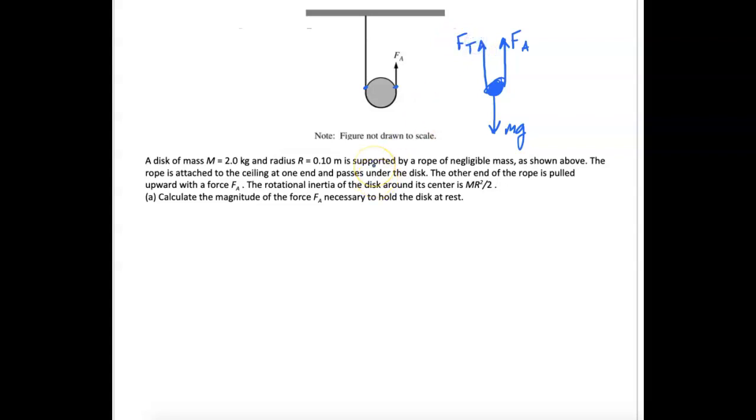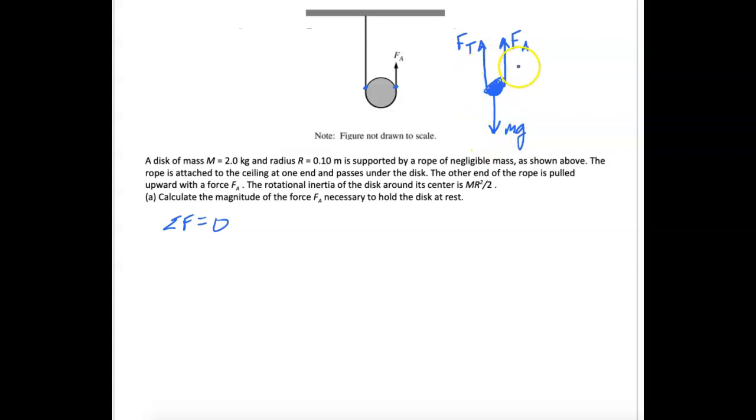Now that we have those, we need to think about what the sum of the forces is equal to. Well, this system is not moving at this point, so it's not accelerating at all. So we know that the sum of the forces here should be equal to 0. We have two forces pointing up, and we have mg pointing down.